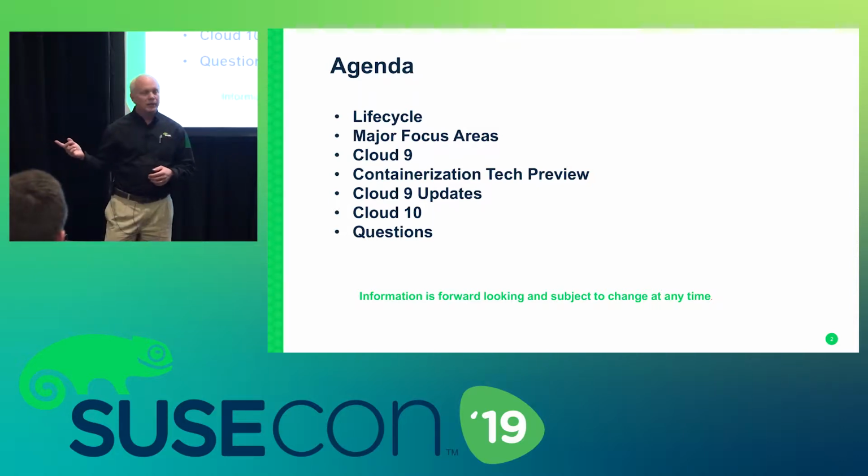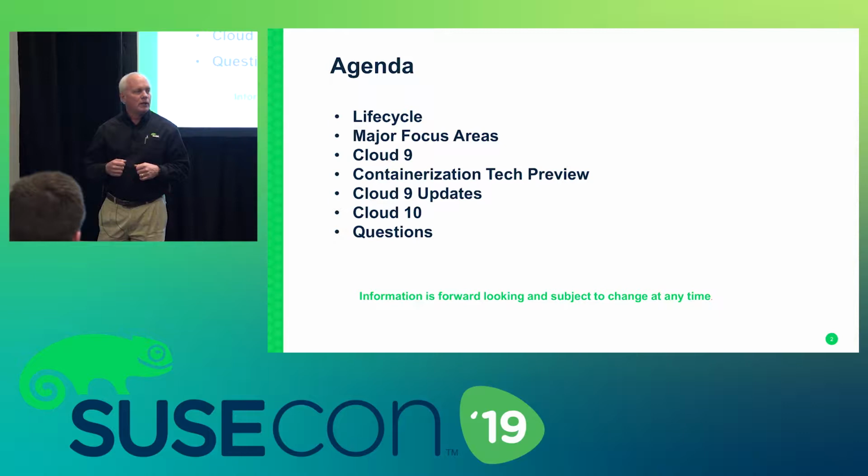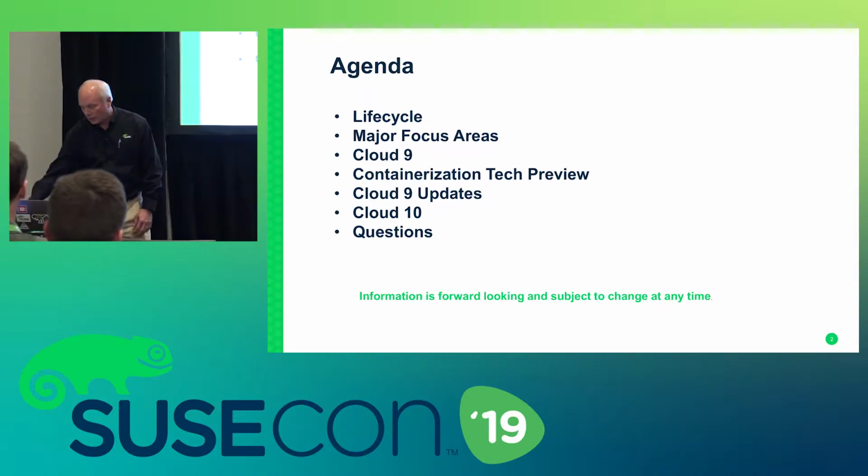Then Rick is going to talk about the Cloud 9 updates. We have quite a bit fit into our Cloud 9 update, so we have an approach of delivering an initial release and then providing updates in an agile fashion. So he'll describe some of the things we're doing in our Cloud 9 updates. And then I'll talk a bit about Cloud 10, and then I'll take any questions.